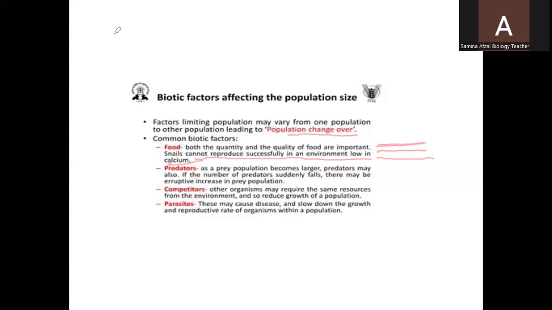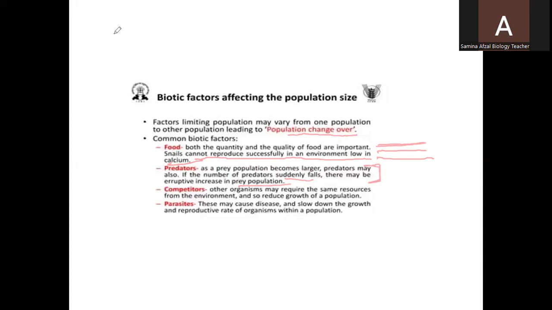So the predators, as a prey population becomes larger, predators may also increase. If the number of predators suddenly falls, then there may be an eruptive increase in prey population. So there is a rule in an ecosystem. Prey and predators are important for each other.